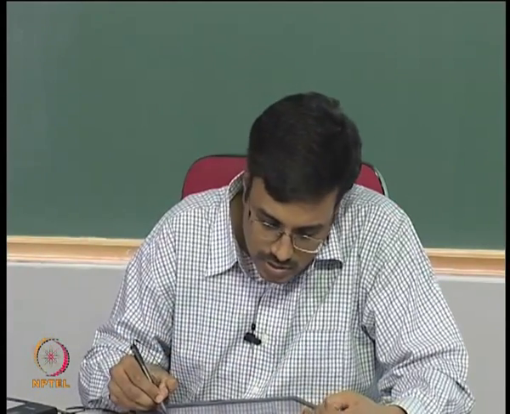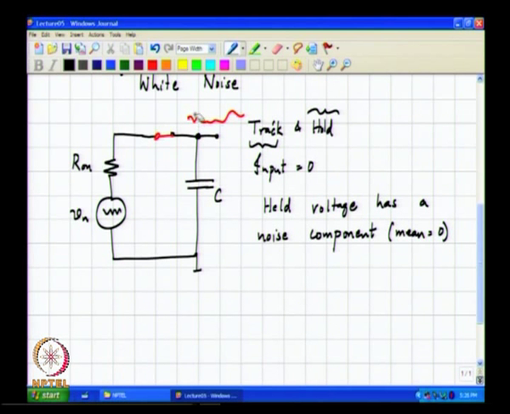You understand? So, in other words, the average value of the noise voltage sampled on this capacitor here has got to be the same as the average value of the waveform that exists across the capacitor when the switch is closed.